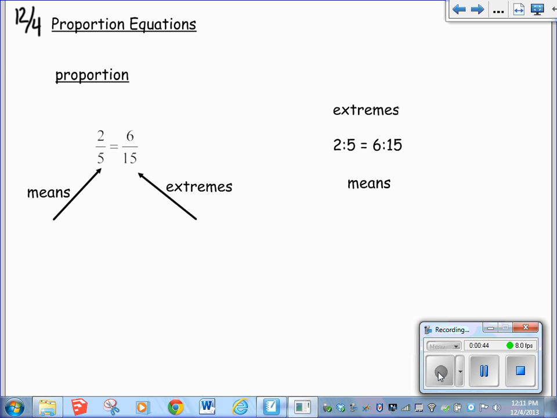They are both proportions. And that helps us to understand that the definition of a proportion is merely a statement of equality of two fractions or ratios. Anytime you see a fraction equal to a fraction, we can call that a proportion, because as one of the fractions changes, the other one changes in proportion to it.